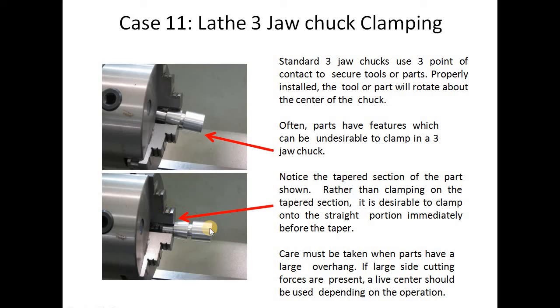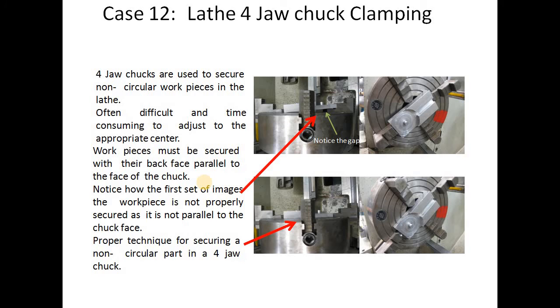But when you clamp the three jaw chuck on the straight portion, it will be firmly clamped and centered. Care must be taken where parts have large overhang. If large side cutting forces are present, a live center should be used depending upon the operation. So this is the exact way of three jaw clamping.